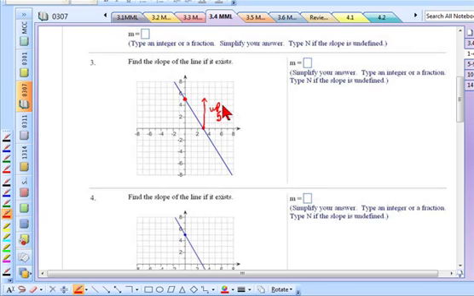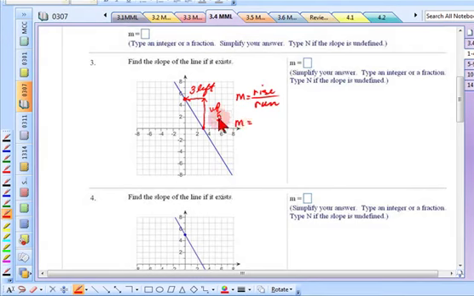To get to that other point, the run, remember rise over run? The run is 1, 2, 3. I went 3 to the left. Do you agree that I have written up there the rise and the run? Okay, so slope is rise over run.